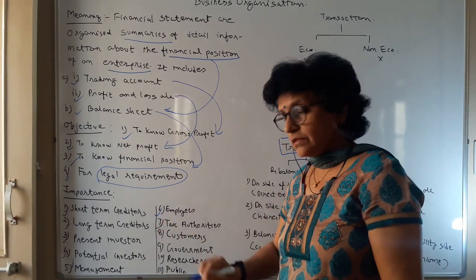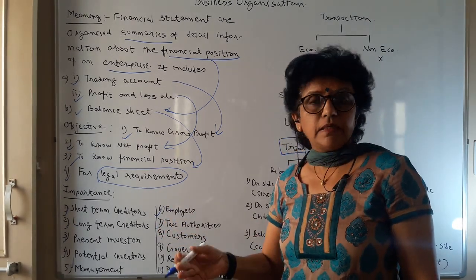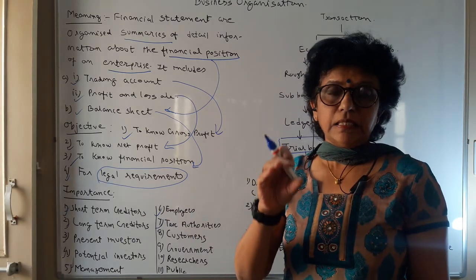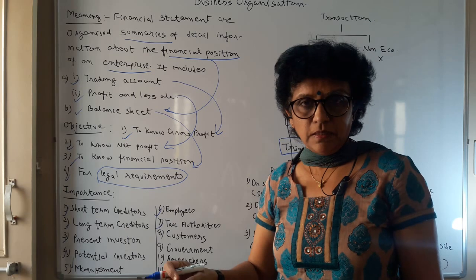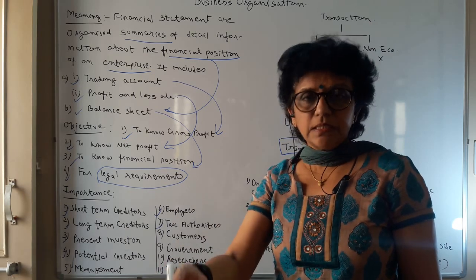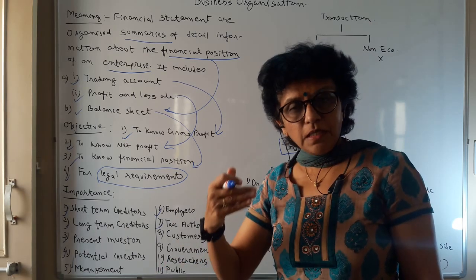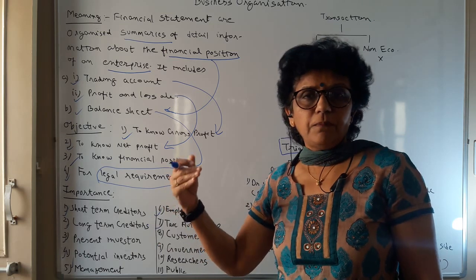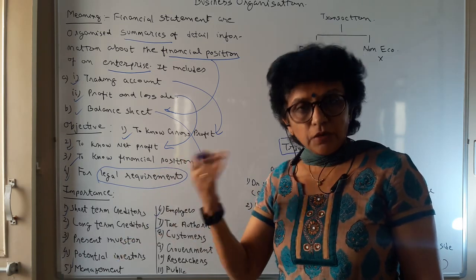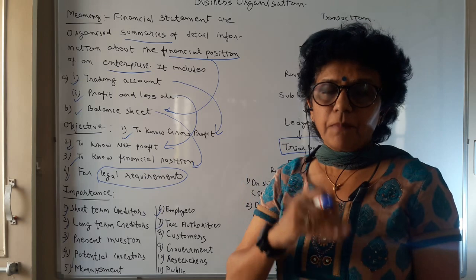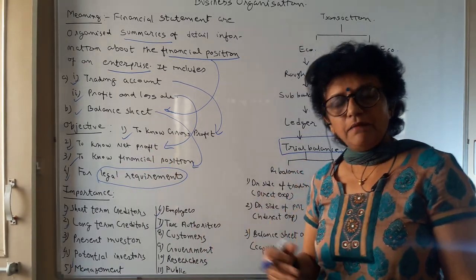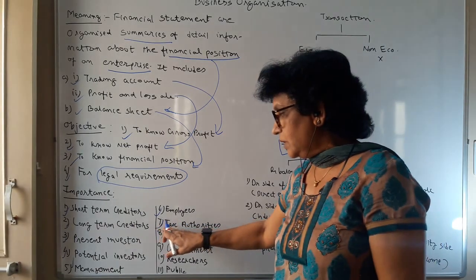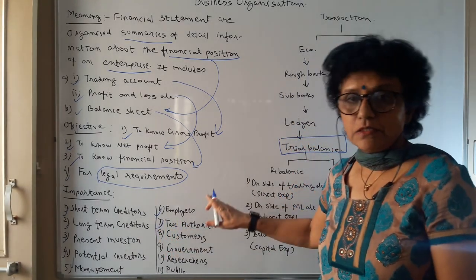Next is the tax authority. Government is always keen and interested in the growth and progress of the business, because if the business is growing, the economy grows and overall development of the country is possible. You have to pay tax, and tax depends on your income. So government is looking for revenue, and revenue can be generated through the profit on which the tax is to be collected.